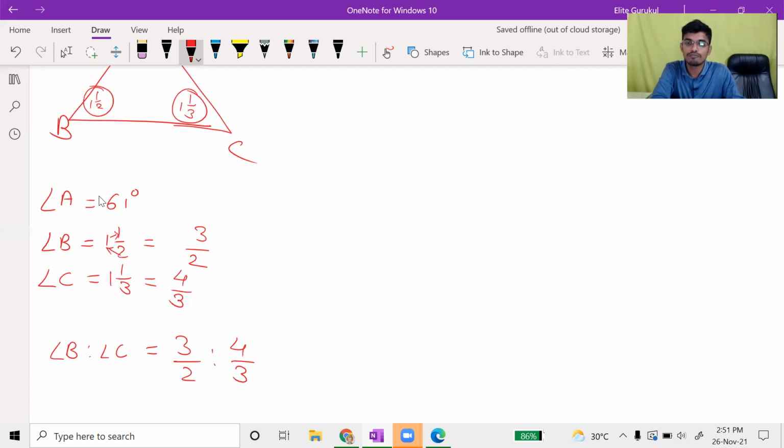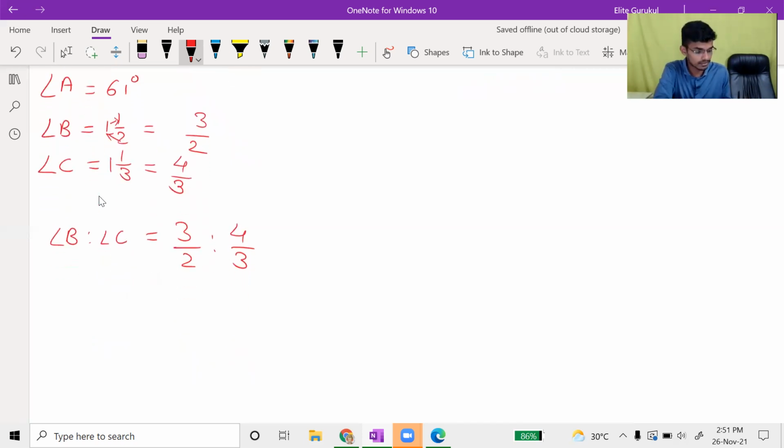So we have to equalize the denominators, then only we will get the proper ratio. For that we do cross multiplication. 3 into 3 is 9, and 4 into 2 is 8, and 2 into 3 is 6.